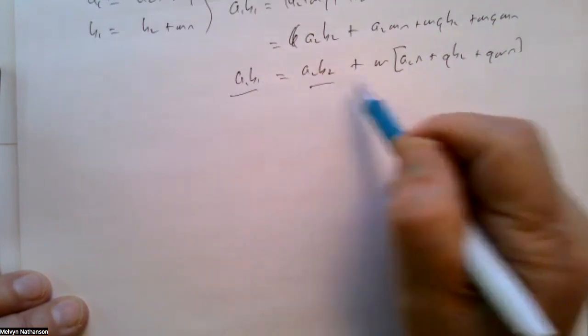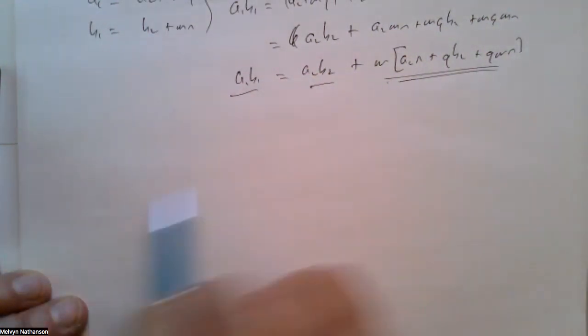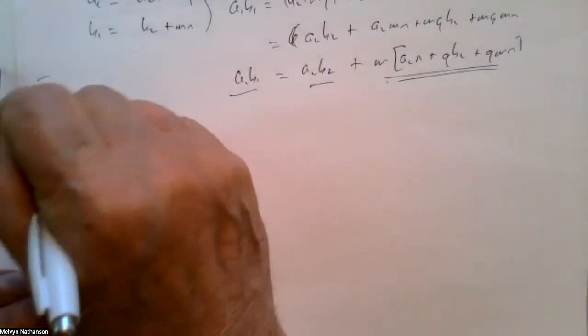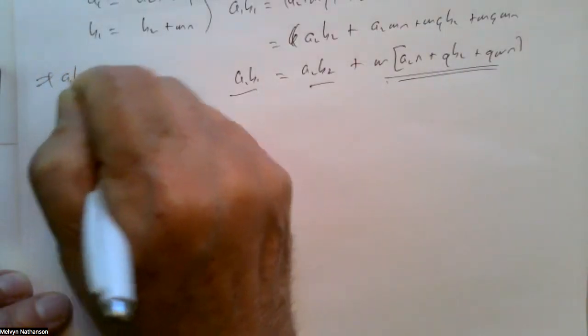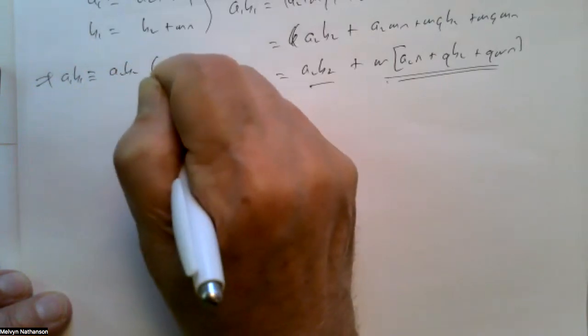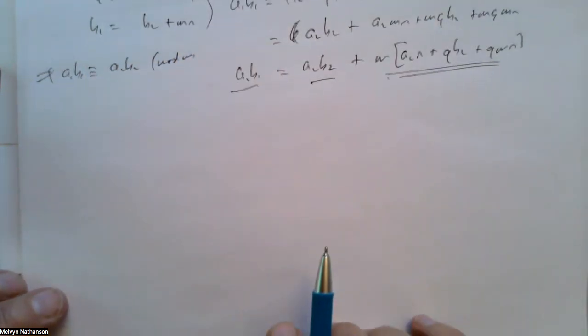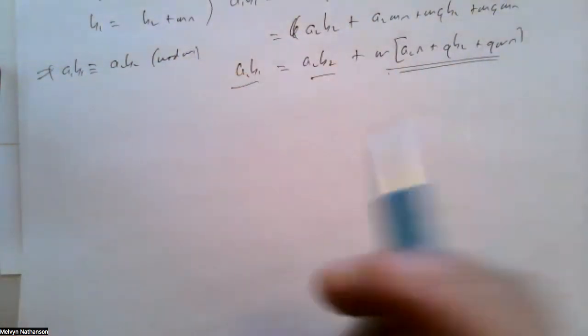So this minus this is some multiple of M. So A1 B1 is congruent to A2 B2 mod M. So that's all it is.